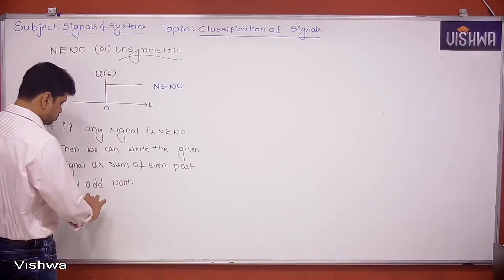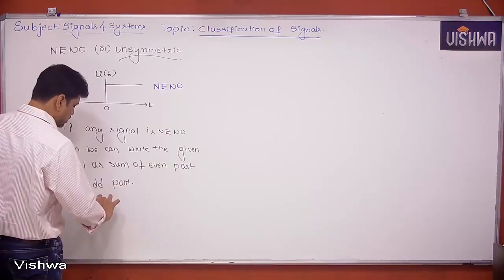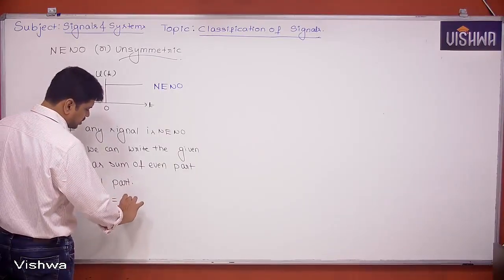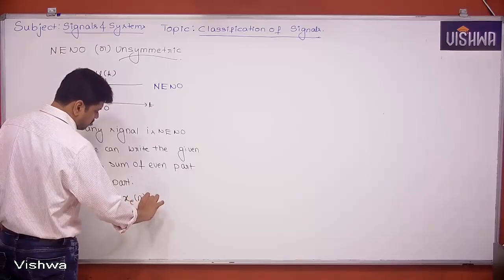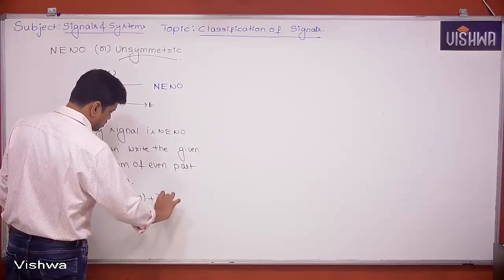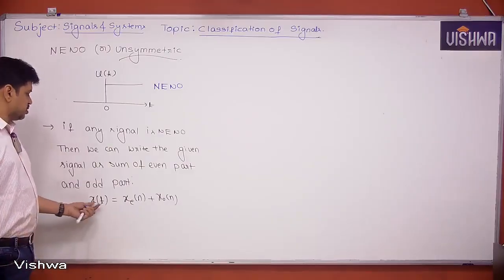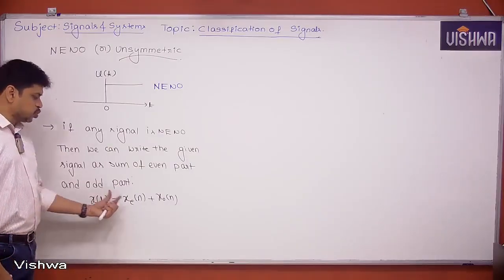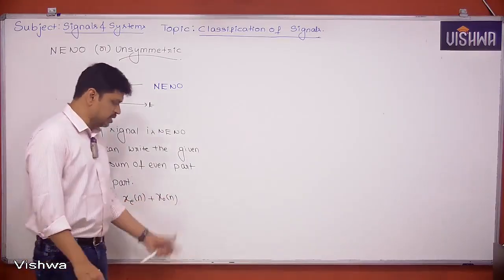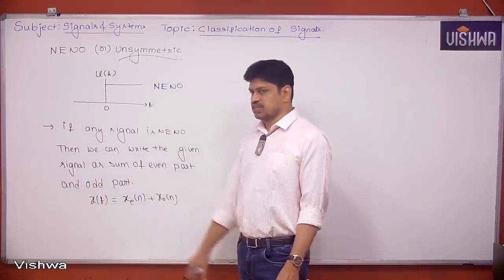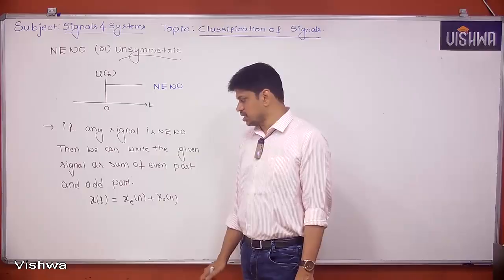What do you mean by that? If x of t is neither even nor odd signal, then we can write it as even part plus odd part. So we can decompose or divide the signal x of t into two parts. One is an even part and another is an odd part. If you sum them, they are going to make x of t, which is neither even nor odd signal.